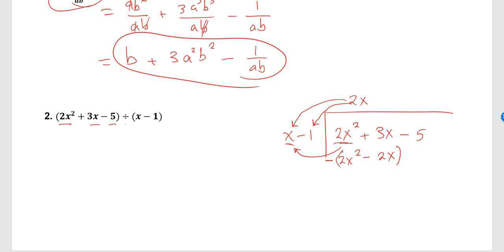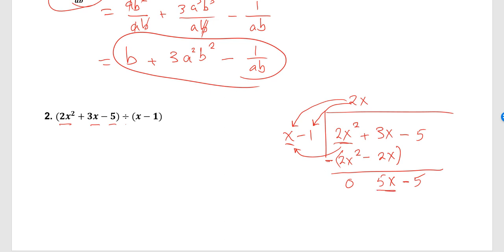And then subtract. 2x squared minus 2x squared is 0. 3x minus negative 2x, which is 3x plus 2x, so that gives me 5x, right? And then the minus 5 is just minus 5, because there's nothing else to subtract it from, or add it to.